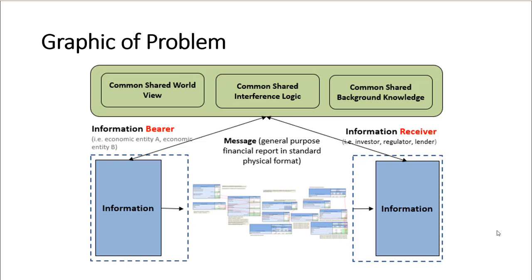In order to effectively exchange information, such as a general purpose financial report, which is basically a complex message, you have to share a common worldview, a common inference logic, and common background knowledge, so that the information bearer and the information receiver can know that they're looking at the same thing and interpreting things correctly and effectively. So the report is the message, and the Seattle method basically helps you keep the message clear.